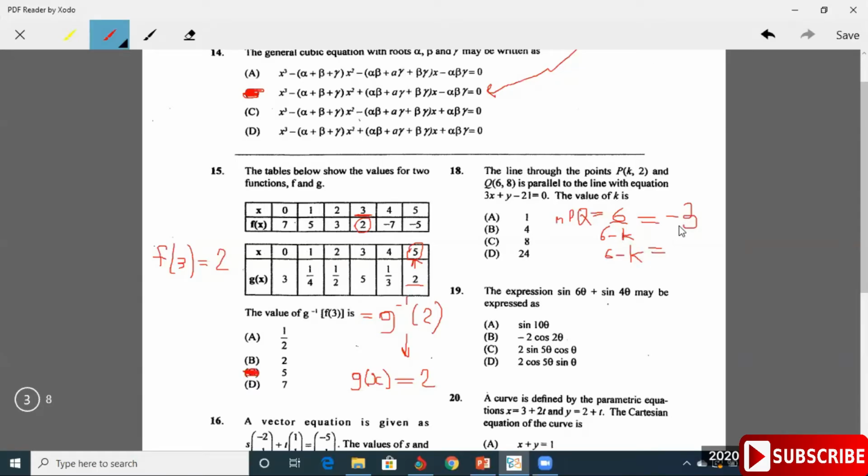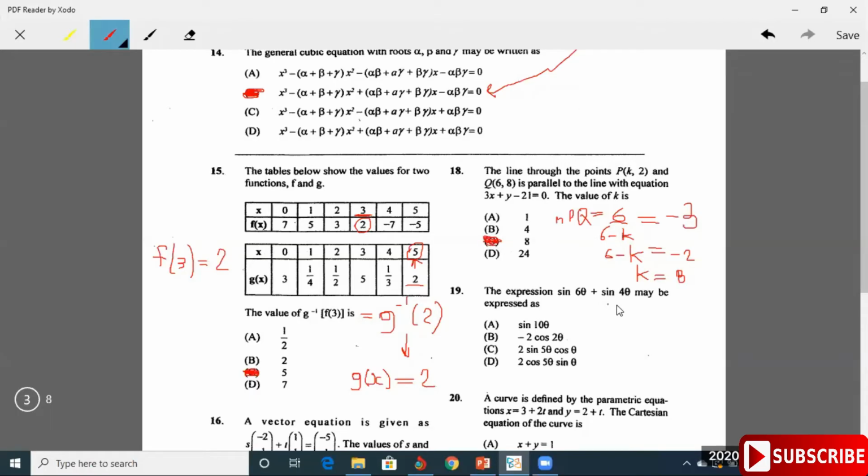We cross multiply, so 6 minus K is equal to -2. So what we get is that K is equal to 8. Easy question.